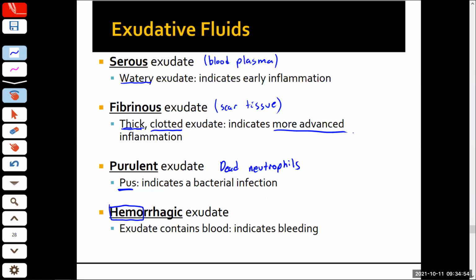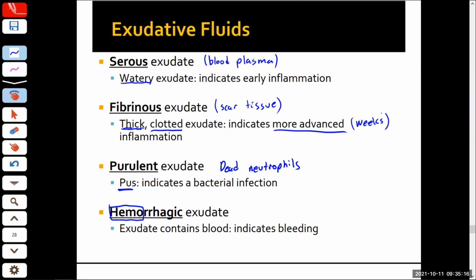That means this person has been inflamed for weeks. Anybody ever work with any chronic smokers? When they start coughing and they cough up that loogie, it's chunky. That's fibrous. Remember, it takes weeks for scar tissue to show up.